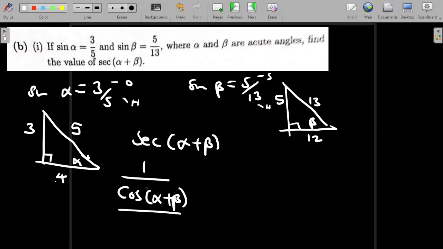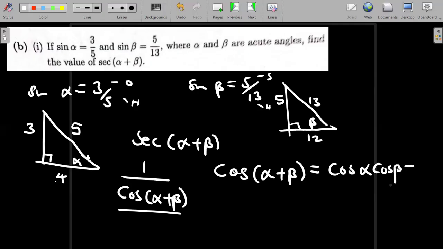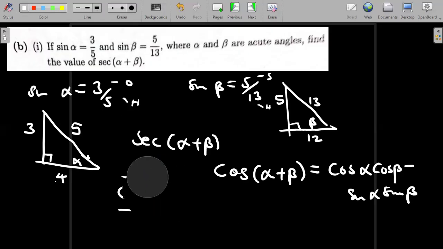If we can find this, then whatever value we find, we take 1 over it, and that will be our sec of alpha plus beta. To find that, we use the formula cos of alpha plus beta is equal to cos alpha cos beta minus sine alpha sine beta. So let's replace that in the equation.